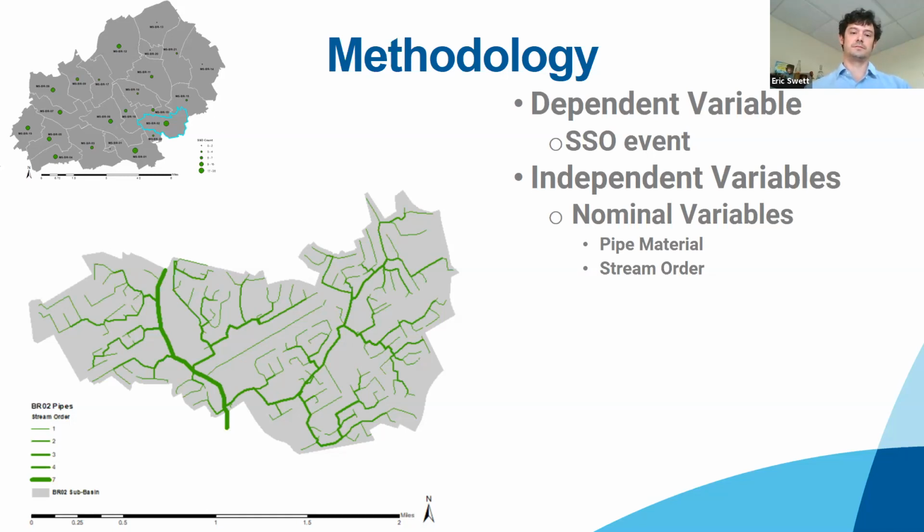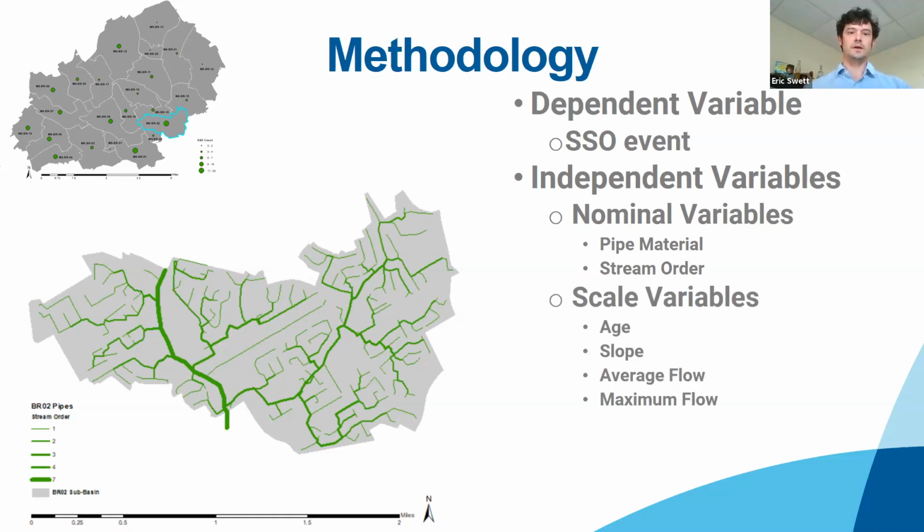our minimum diameter. Some of the other variables I chose were age, the slope of the pipe, and some of the flow data we receive from our sewer model, the average flow and the maximum, what we would call our peak flow. I did not use pipe diameter.